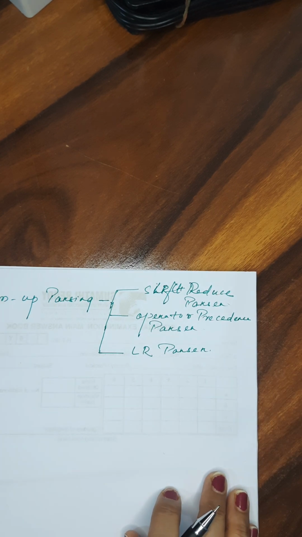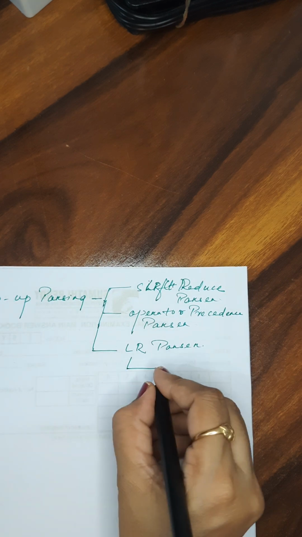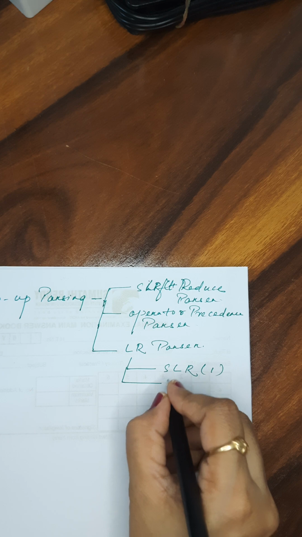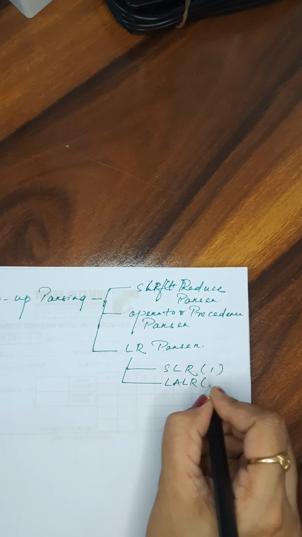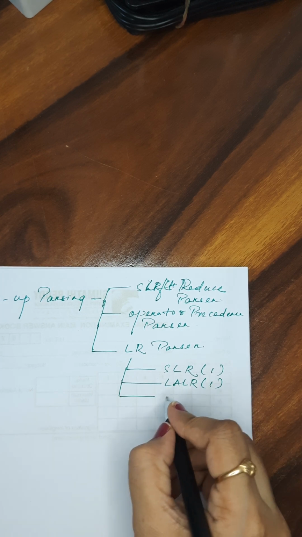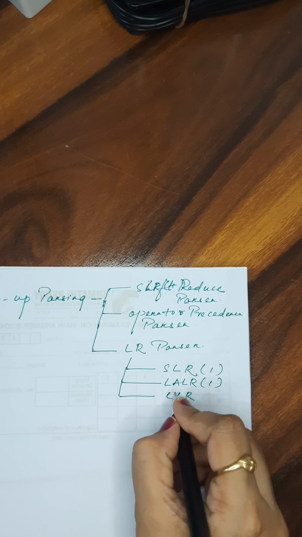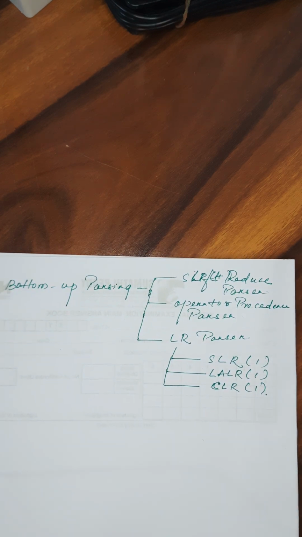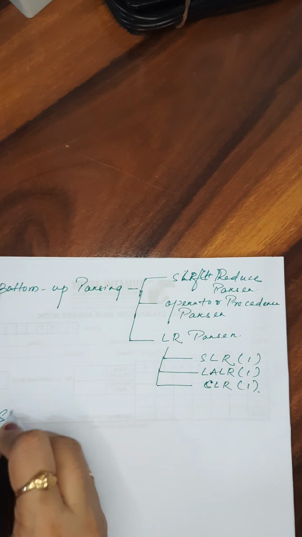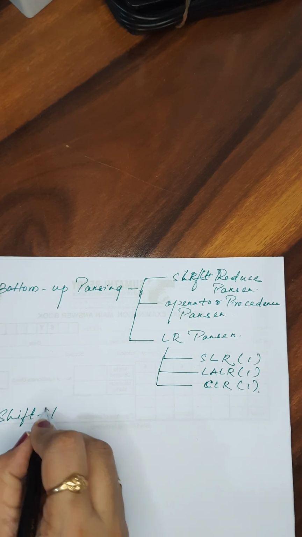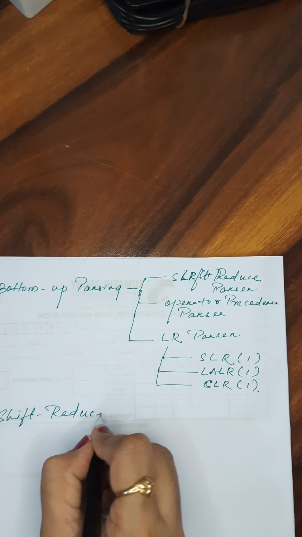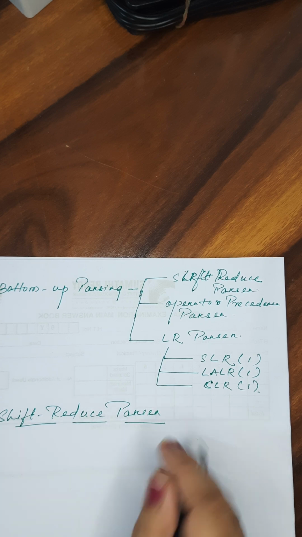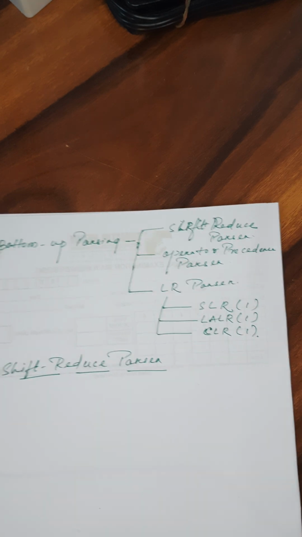Under your LR parser, we will study three types, that is your SLR 1, LALR 1, this I have already told you in your previous lectures, and CLR 1. So, today we are going to start with the shift reduce parser.